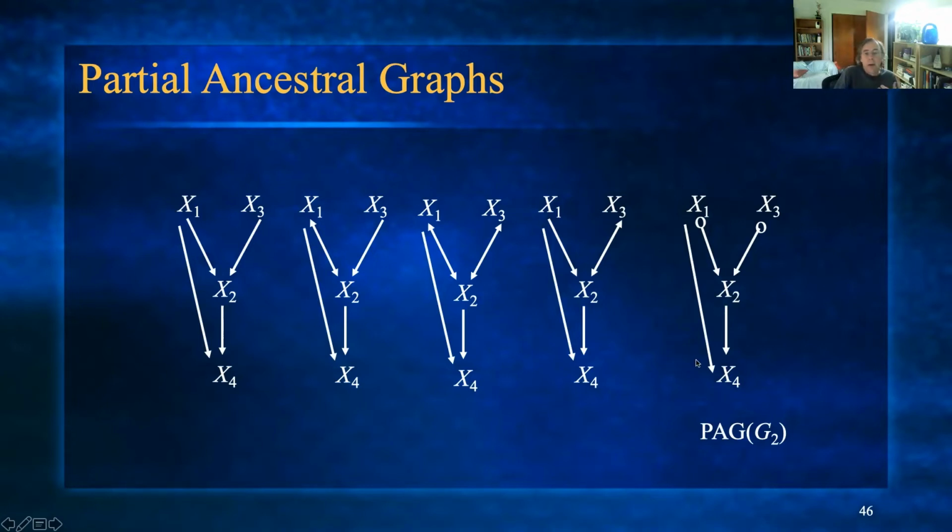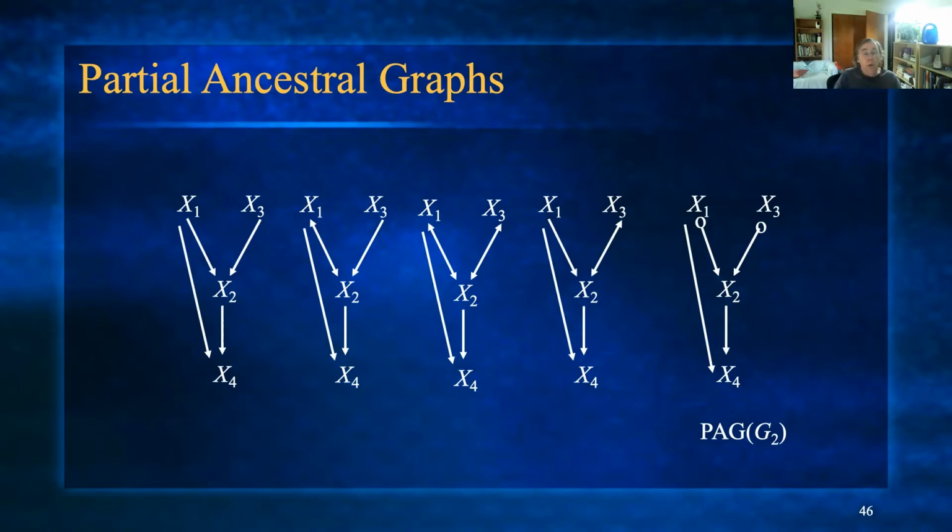So it turns out that by looking at the partial ancestral graph, it's possible to tell in some cases that something is definitely an ancestor, and something is definitely not an ancestor, and that you can't tell whether it's an ancestor. And similarly, in some cases where I do know that it's an ancestor, I can tell that there is no unmeasured confounder.